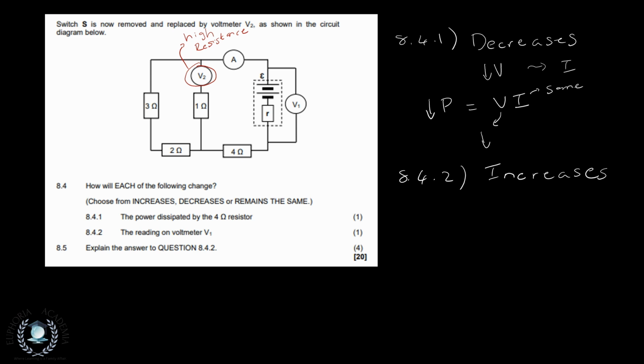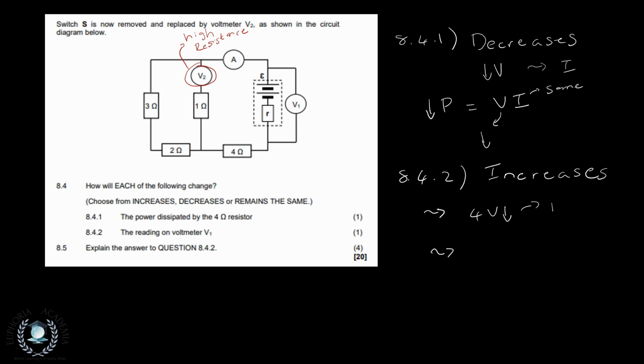Because previously, you remember when we had a switch there, it read the voltage drops across the 4 resistors, so it had 4 voltage drops, right? And now with the addition of the voltmeter, we have another voltage drop.